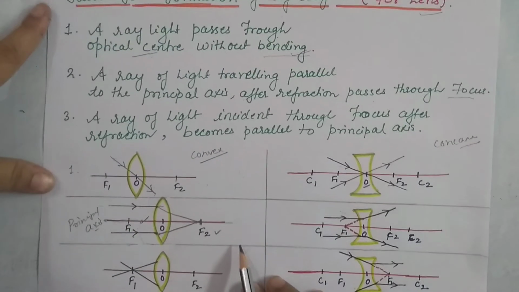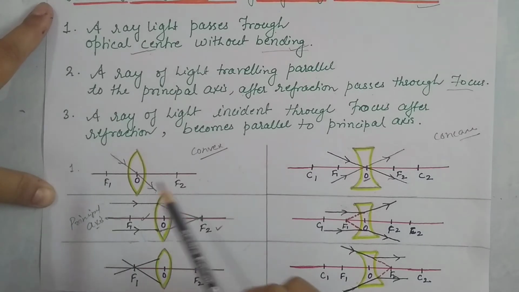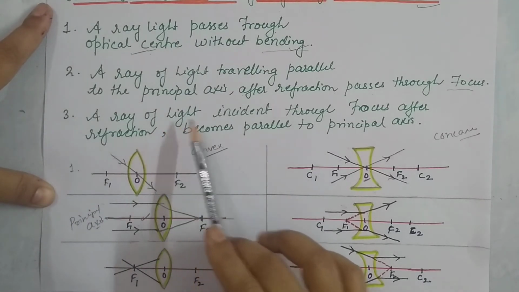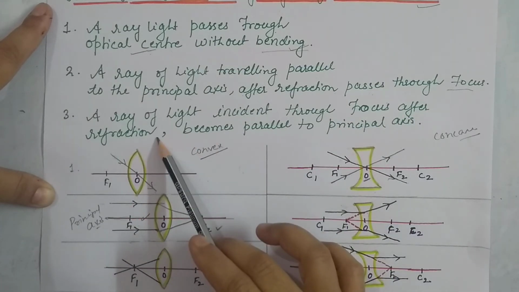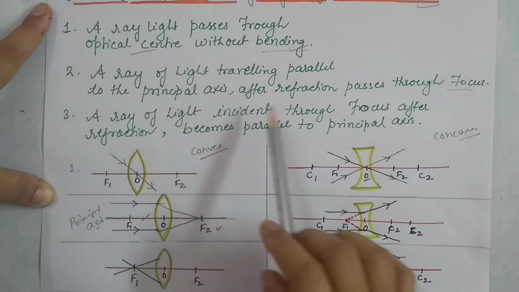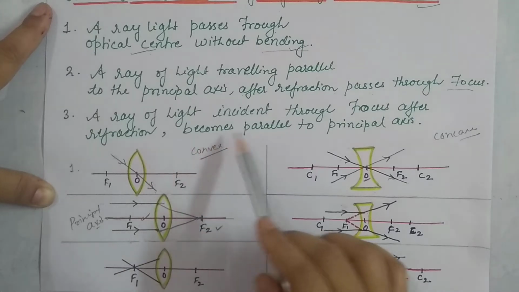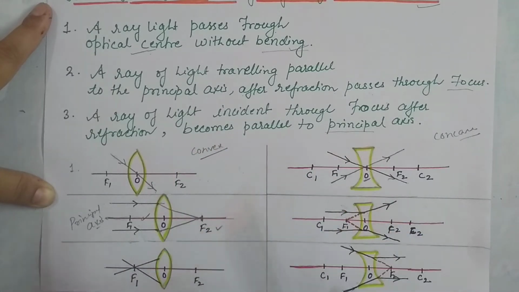The third rule is that a ray of light incident through the focus becomes parallel to the principal axis after refraction.